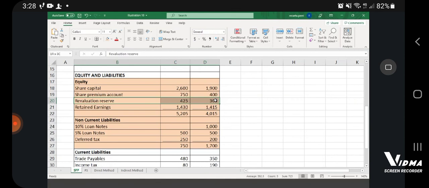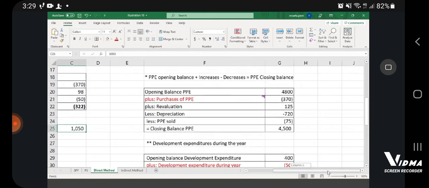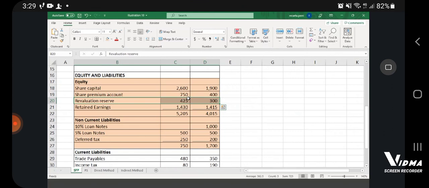The changes in the revaluation reserve, as you see, we have an increase in the revaluation reserve from 300 to 425. That is something that we have already considered when we took into account the property, plant, and equipment. You see here the revaluation reserve increase. This is considered under investing activities, even though it is part of the equity section. So check also the revaluation reserve.